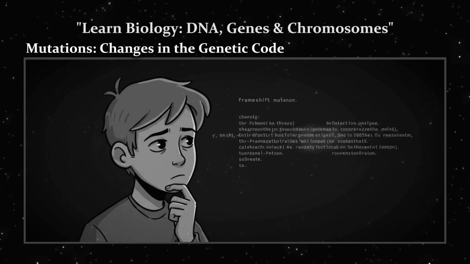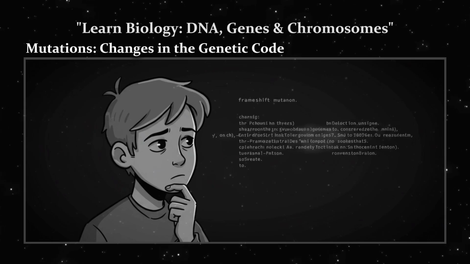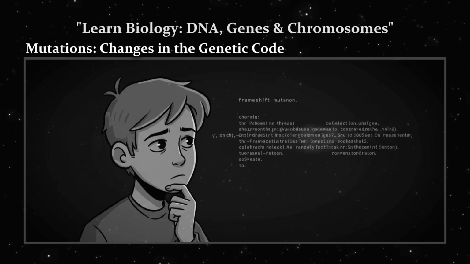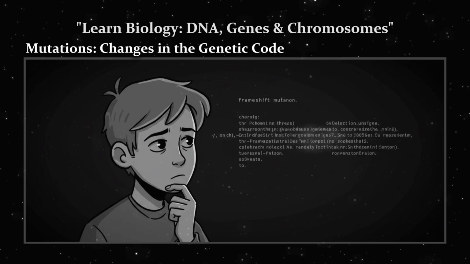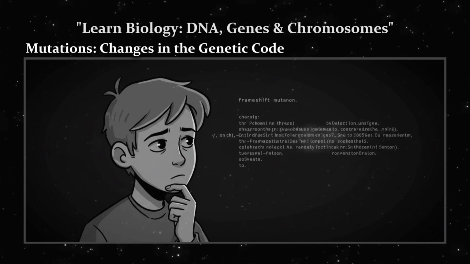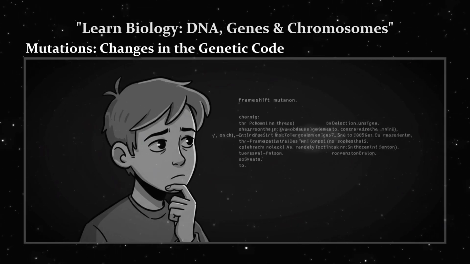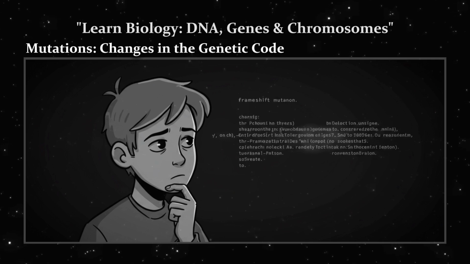In truth, mutations are the most important engine of life. They are not an error in the system, they are the system. Mutations are the ultimate and only source of all new genetic variation. Most mutations are neutral, a few are harmful, but very, very rarely a mutation is beneficial.